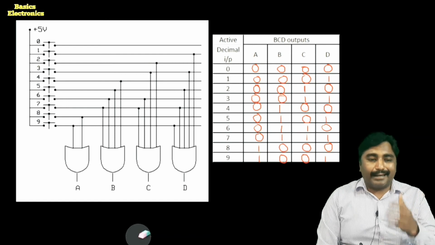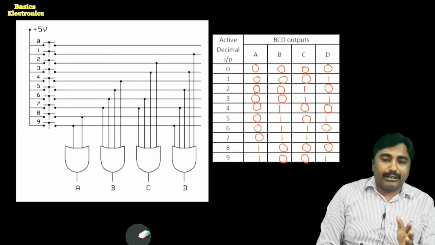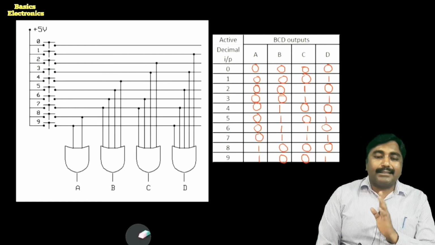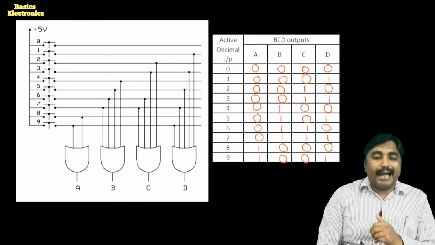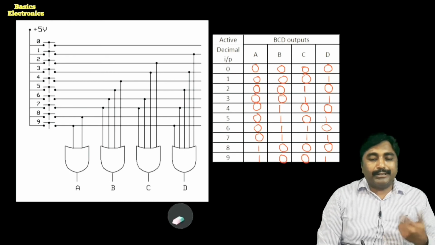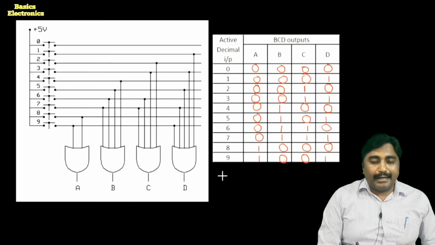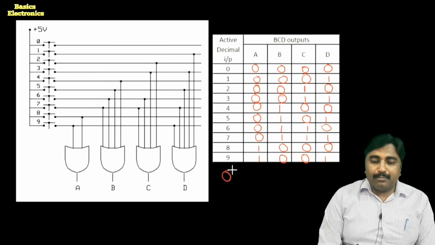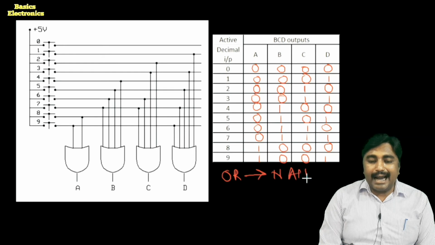Now the same circuit can be constructed using NAND gates. To construct it using NAND gates, we have to make only two changes. The first change is that instead of using the OR gate, we replace the OR gate with the NAND gate.